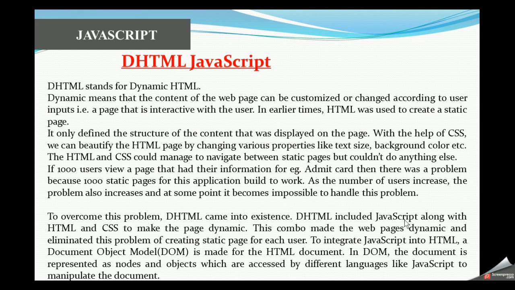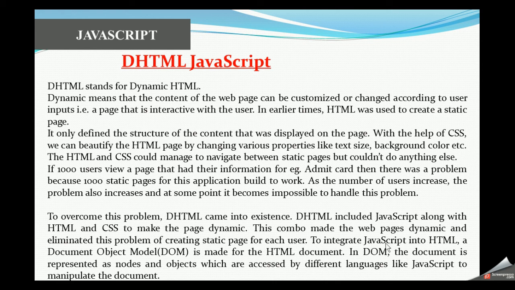DHTML included JavaScript along with HTML and CSS to make the page dynamic. When you use dynamic HTML, it will use HTML, JavaScript and CSS, and it will help our web page become dynamic and eliminate the problem of static web pages.